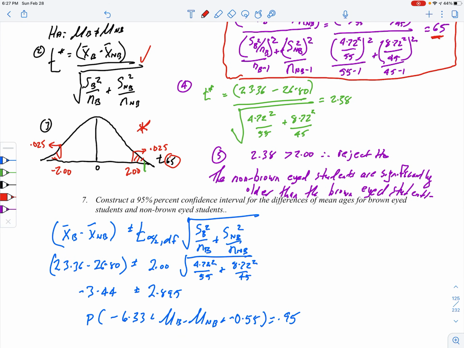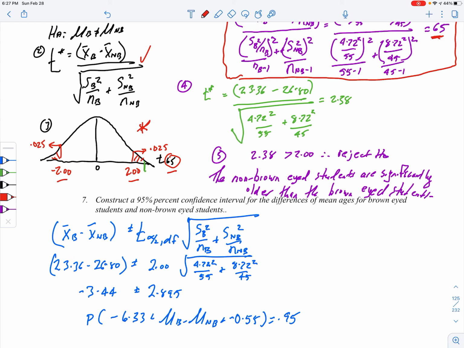Back down over here then, what we've got is a t-distribution with 65 degrees of freedom, which has critical values of plus or minus 2.0. So we stick that into our T-star formula here, and we get 2.38. 2.38 is greater than 2.0. So we reject H0.